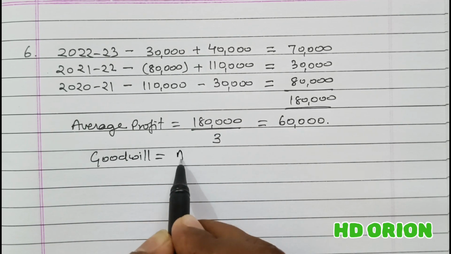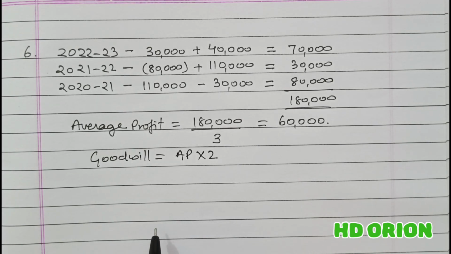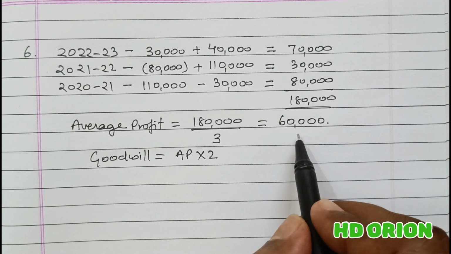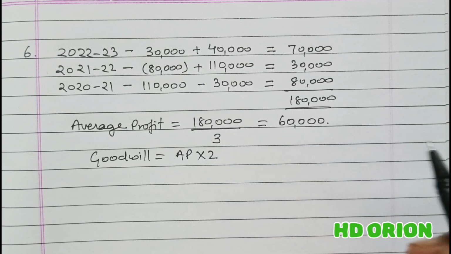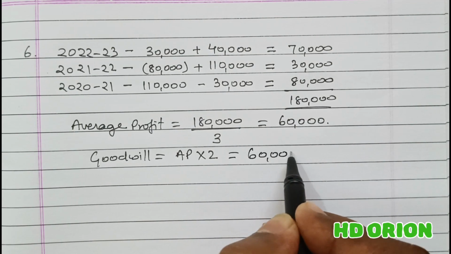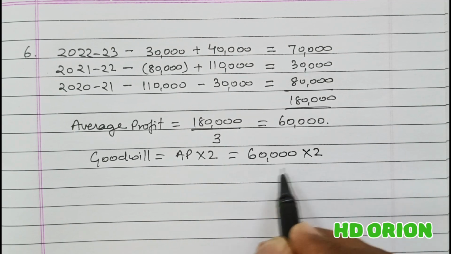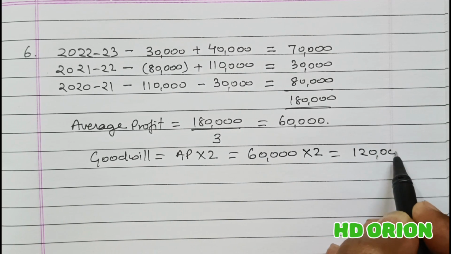The question says that average profit and 2 years purchase. 2 years purchase means the firm is expecting this normal average profit in the next 2 years also. So based on that our goodwill is calculated. 60,000, that is average profit, multiplied by 2, and the answer is rupees 1,20,000.